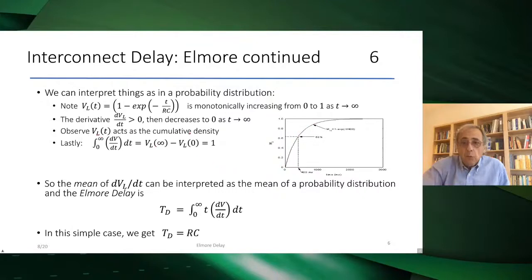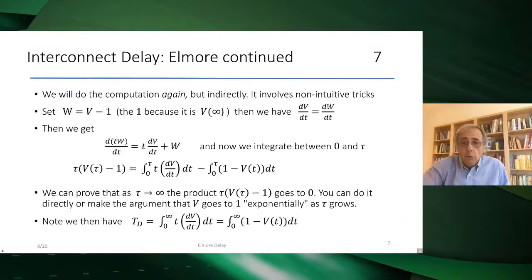So the voltage can be interpreted as the cumulative distribution, and the variation of the voltage, dV/dt, as the probability density, and the analogy is perfect. Then you can say, let's compute the mean of this probability density. And in this simple case, as we have the explicit formula, we get RC. So far, so good. Very trivial computations, nothing very interesting here.